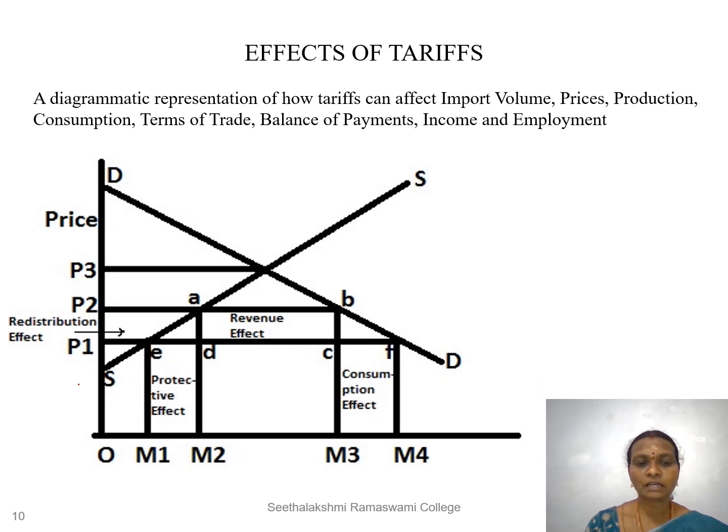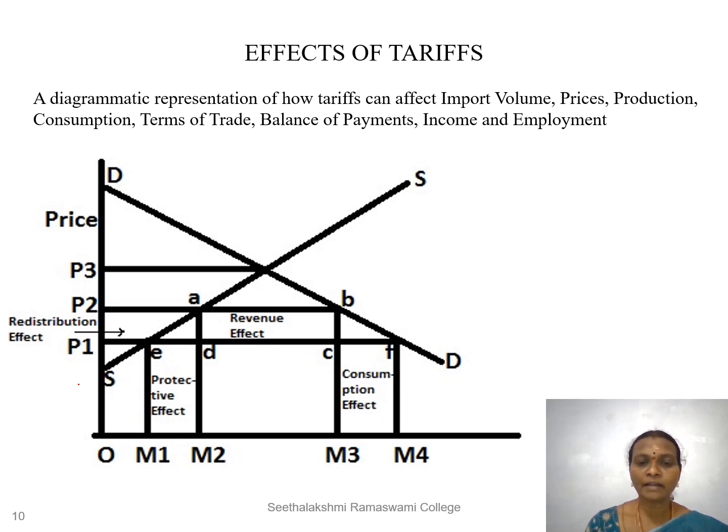In the original position, when there is no tariff, the price was OP1. At this OP1 price, the domestic supply was OM1 and the domestic demand was OM4. Now the government has imposed the tariff and the price has risen from OP1 to OP2. The rise in price has increased domestic production from OM1 to OM2.